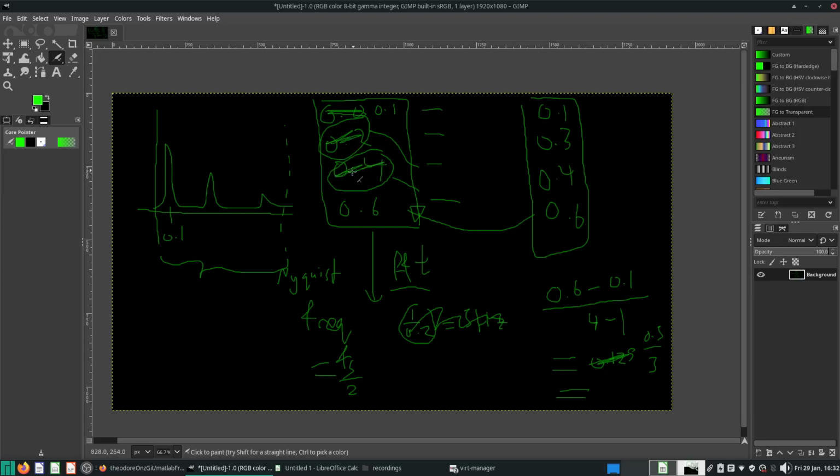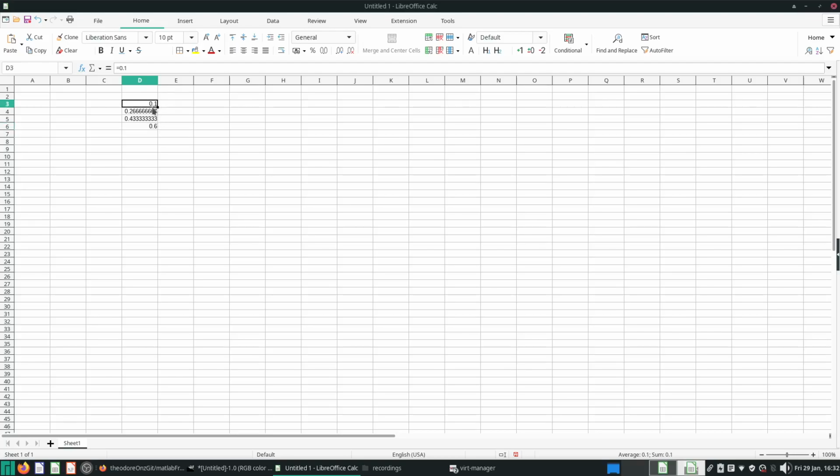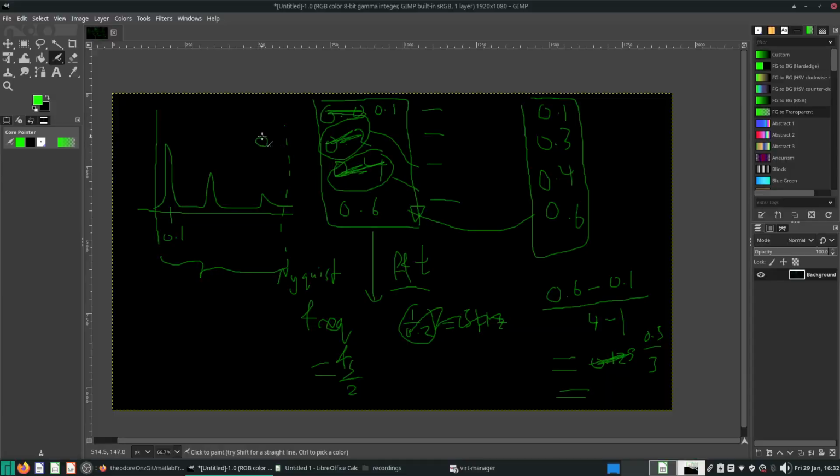So the way I get my even spacing, you start with 0.267 here, 0.433. Pardon the handwriting, let me try again. 0.43.